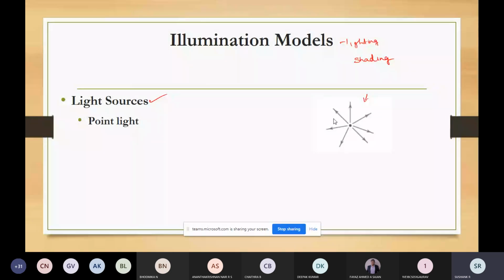And we'll use the position of a point source light in the illumination model to determine which objects in the scene are illuminated from that source, and also to calculate the light direction to the selected object surface position. So these are the points related to point sources.